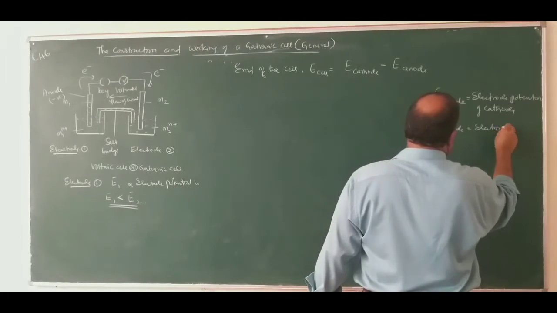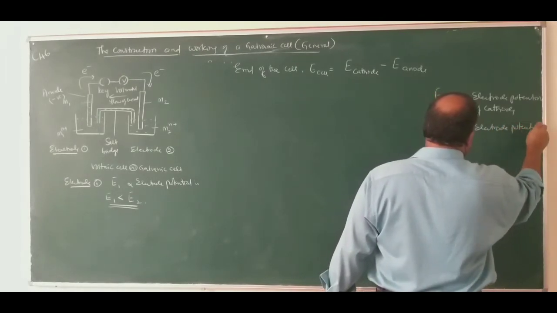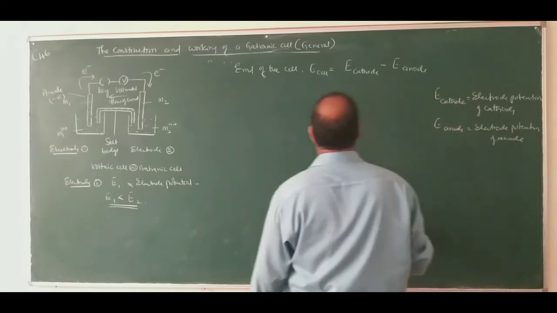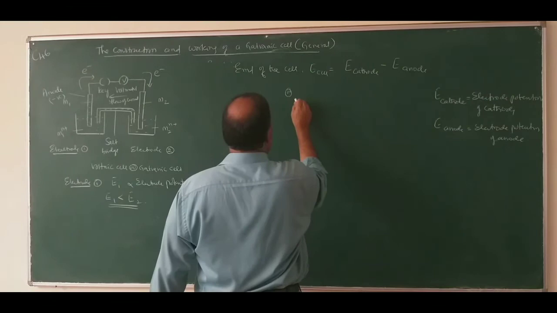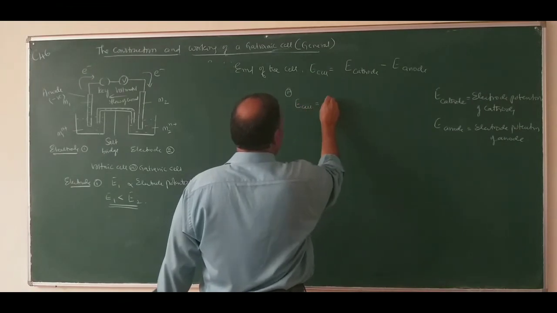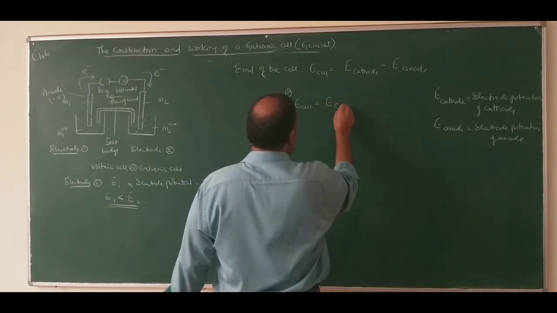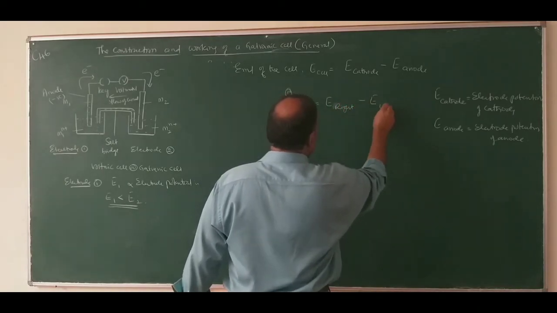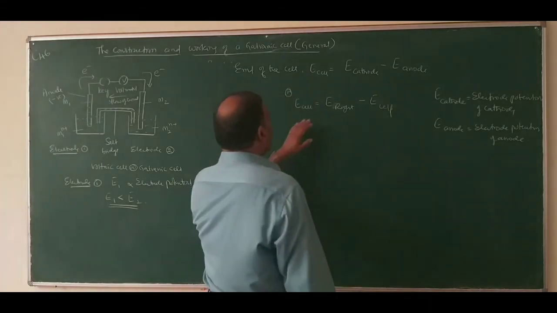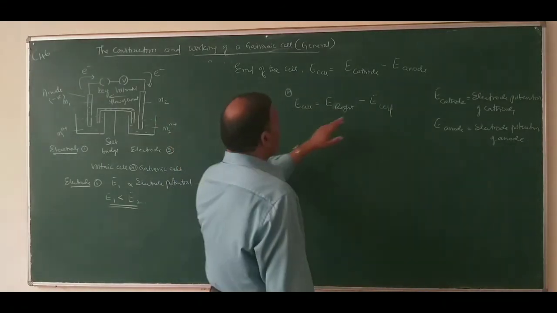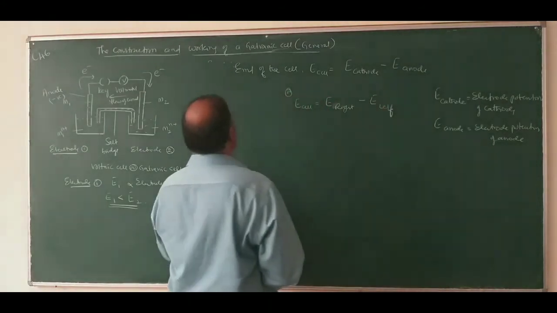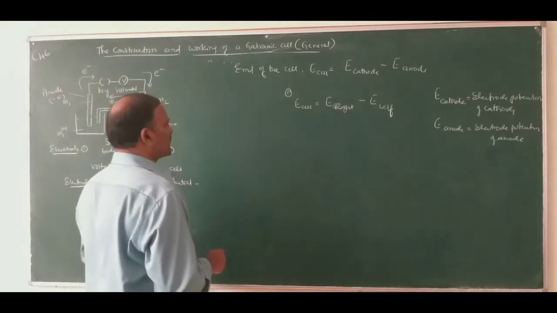E anode equals electrode potential of anode. So E cell equals E right minus E left, the electrode potential of the right electrode minus the electrode potential of the left electrode. So this is how we can calculate EMF of the cell.